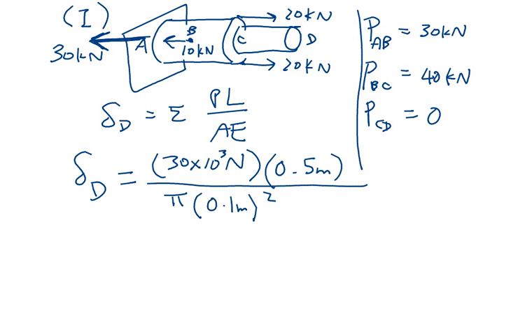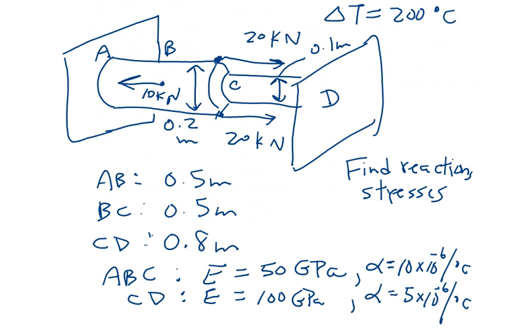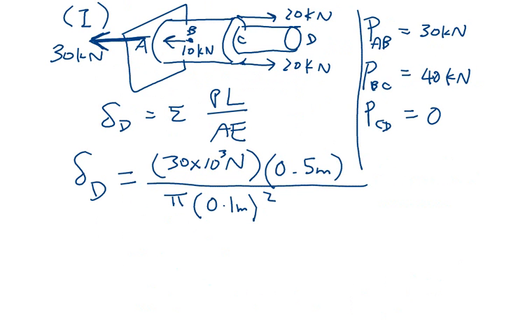And E, what did I put for E? E was 50 gigapascals. 50 times 10 to the 9th pascals. Okay? That's 30. Then I have BC, that's plus 40 times 10 to the third.